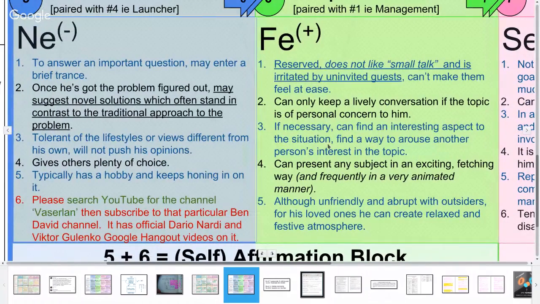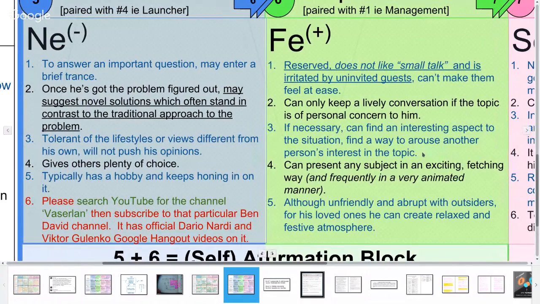Find an interesting aspect to the situation, find a way to arouse another person's interest in the topic. So for instance, INTP, when they're in their comfort zone, can work out that they're interested in this thing, make a connection and go, oh, they might be interested in this other thing.